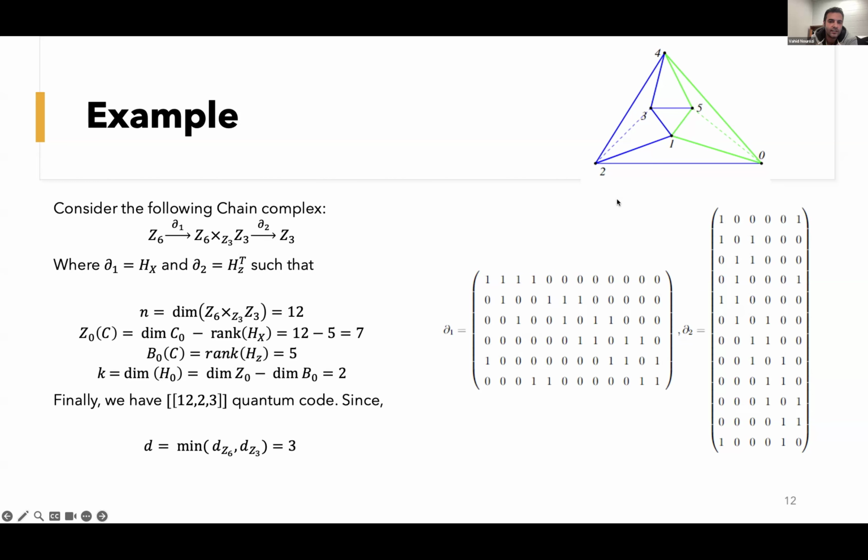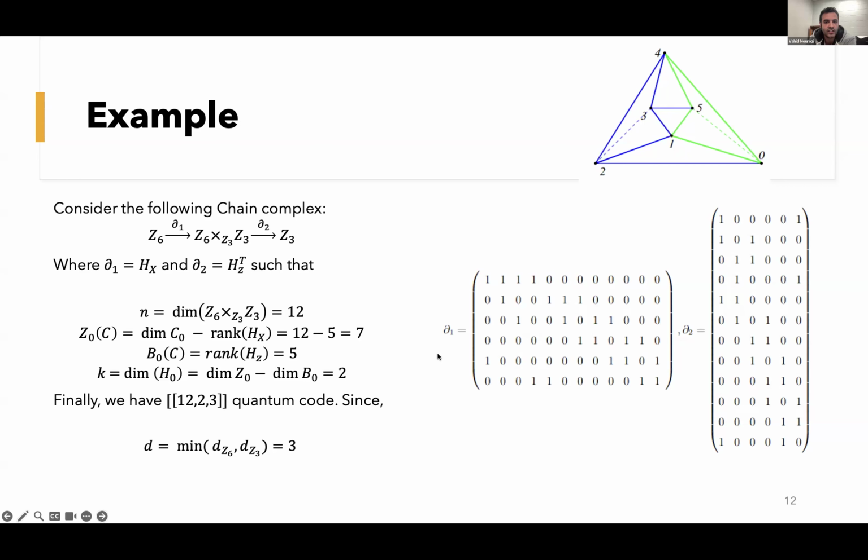Another way to find the minimum distance is to look at the graph. We have a triangle, a cycle of length 3, and the shortest cycle represents the minimum distance. So our minimum distance is 3.